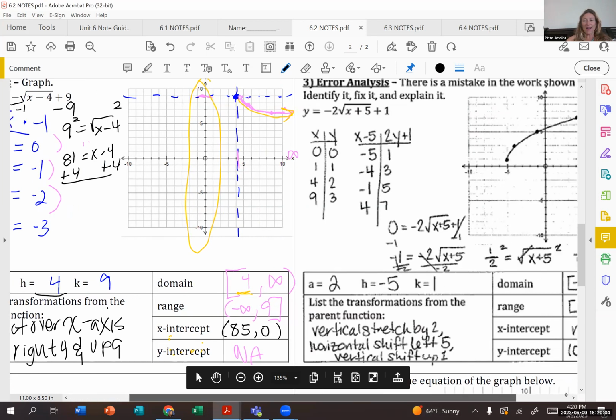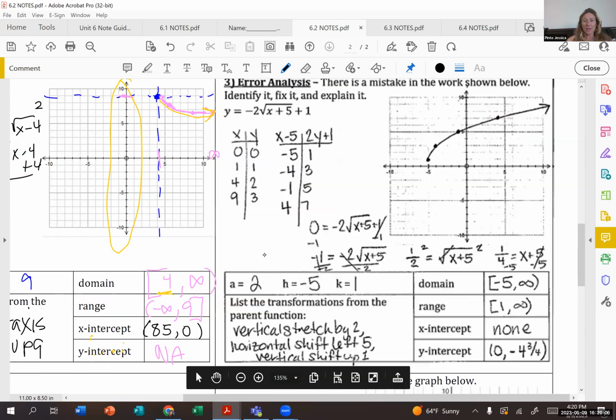Let's look at our error analysis. So in this case, we see, first of all, that we have the correct parent t-table. Okay, then they're using the AY table, but I definitely see the mistake. This is a -2 and this is a +2. So what can I do? They have the +1.